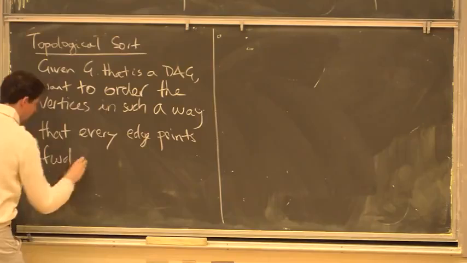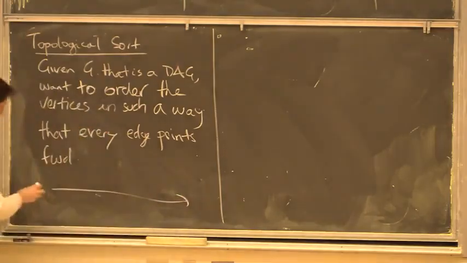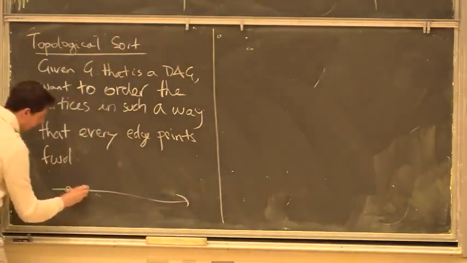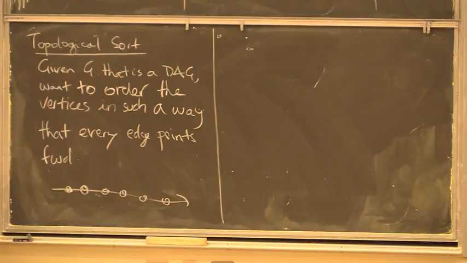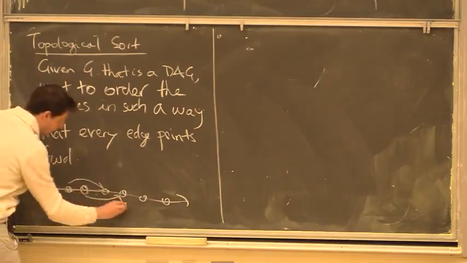Pictorially, if you write down all of the vertices of the DAG and then add on top of it all the edges, you want all of these to be pointing forward.